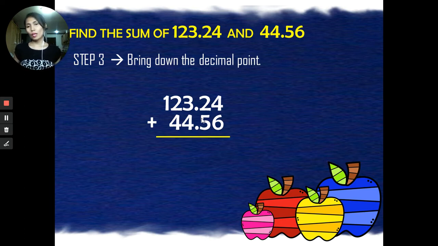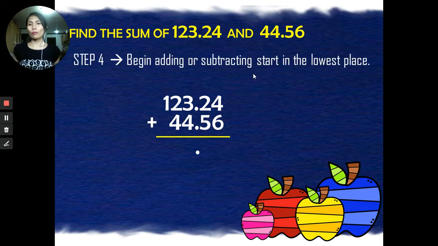Proceed to step 3, bring down the decimal point. And step 4, begin adding, starting from the lowest place. 4 plus 6 is 10. Write 0 in the ones place, and the tens place is carried up to the next place. So bring down 0 and carry 1.